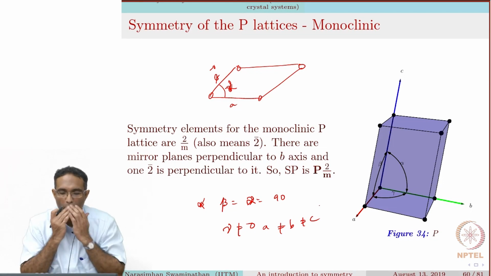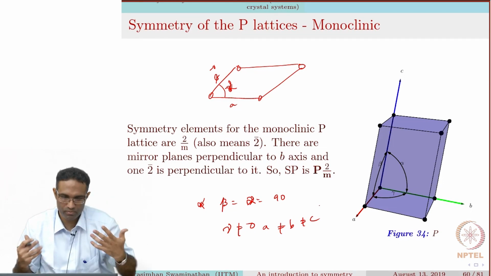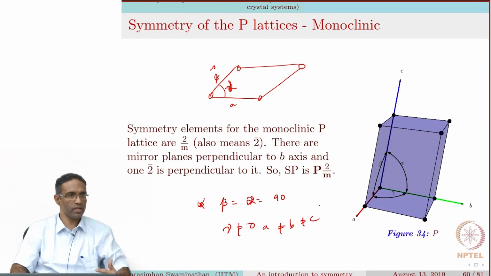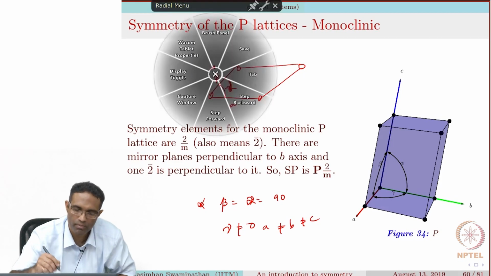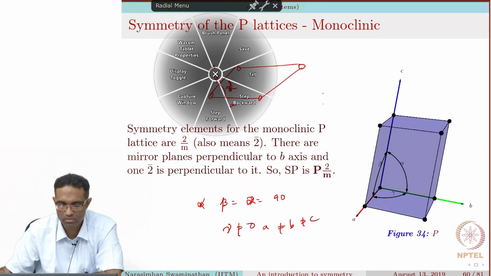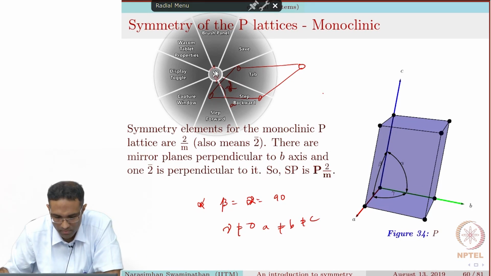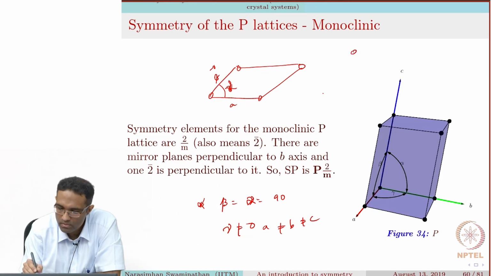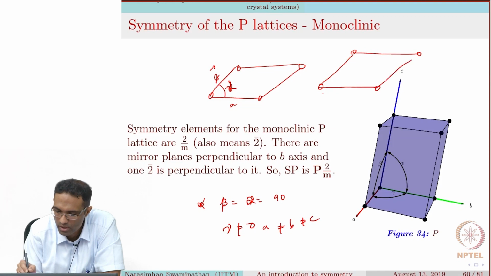So what are the various symmetry elements associated with this Bravais lattice? It should be obvious that... what are the various symmetry elements that you can think of?